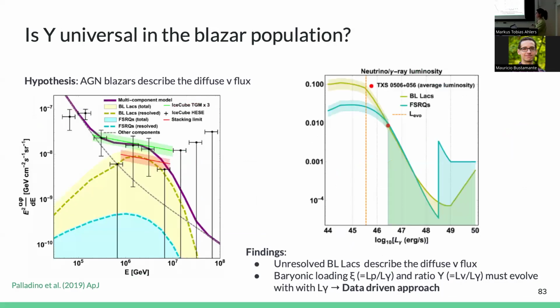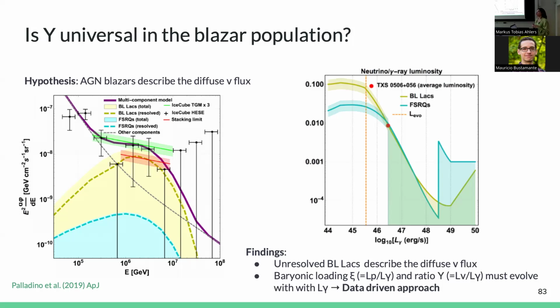Okay, one may say, but is this Y parameter, this ratio of neutrino to gamma ray luminosity, universal among all blazars in the universe? So there were different types of studies. One study was trying to address this question by asking, okay, let's make the hypothesis that the diffuse flux that we see in IceCube is attributed only to blazars.